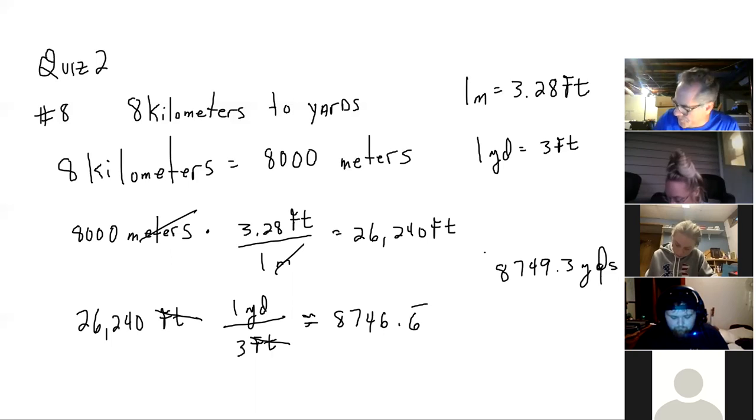But again, I'm not sure why I'm off by the 3 feet. I know these are the correct calculations, and I'm using their conversion numbers, but that bothers me that it was off by 3 feet. But it is correct calculations. All right, is there another problem from the quiz?